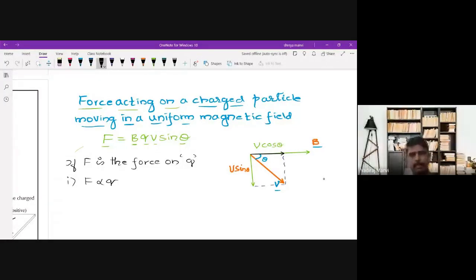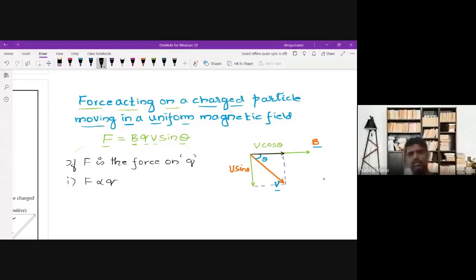If I take the magnitude of charge of electron and proton, you know both are the same. Hence I can say both will experience the same amount of force in the same magnetic field, provided they move with the same angle and with the same velocity. Clear? See, don't write just the equation. You have to write in terms of words.